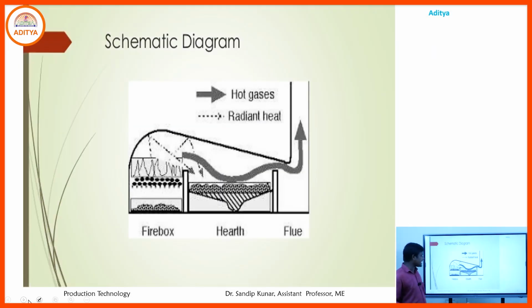That is the schematic diagram of the electric reverberatory furnace. What happens here?